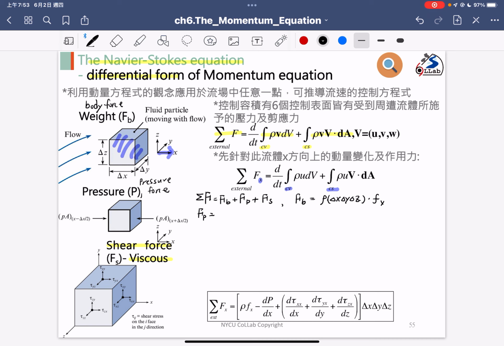We need to take into account the pressure force on the two cross-section areas. In that problem we can assume the center pressure is P0.